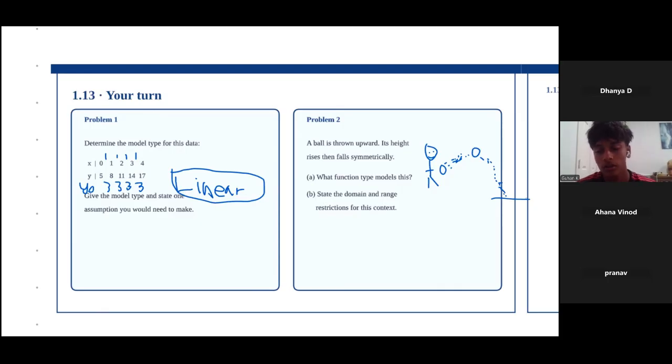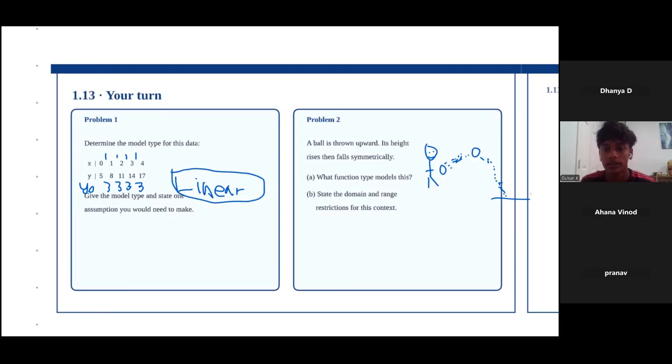So if we have one maximum point, or the term we used earlier for the opposite was a valley, and this is like a hill, then it has to be a quadratic, because the gravity on both sides is equal, so therefore it's symmetric on both sides, the rate at which we're falling.